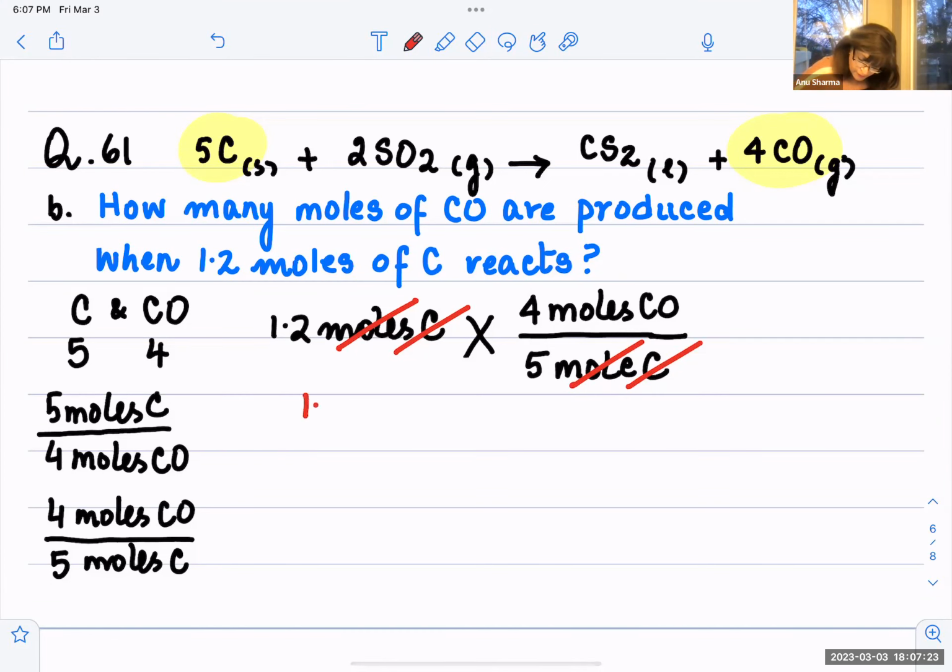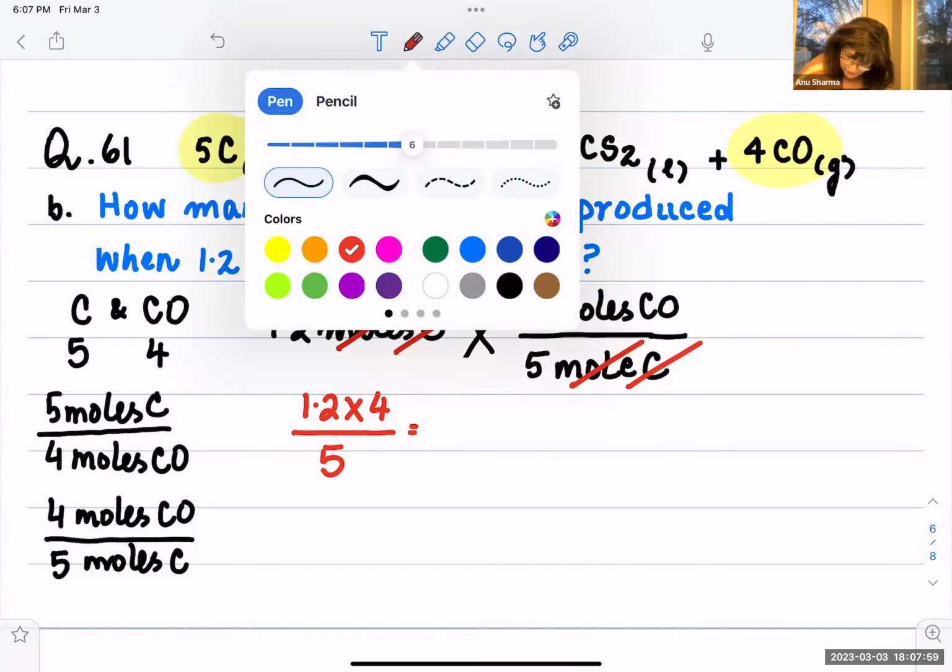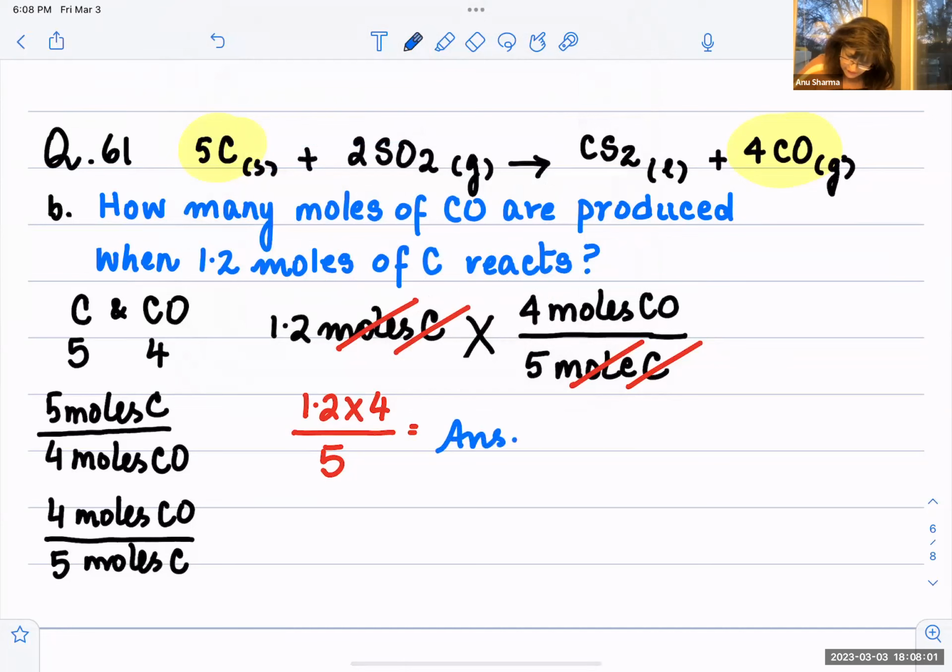So it's 1.2 times 4 divided by 5. The answer is 0.96 moles of carbon monoxide.